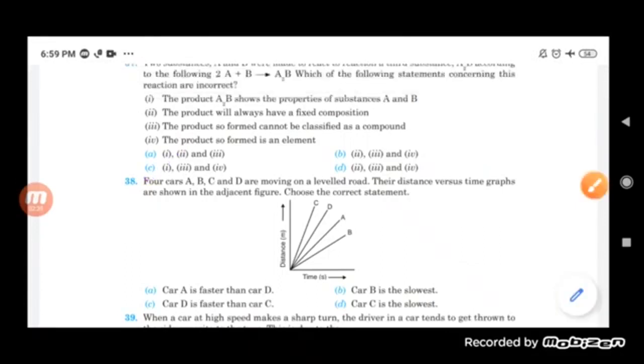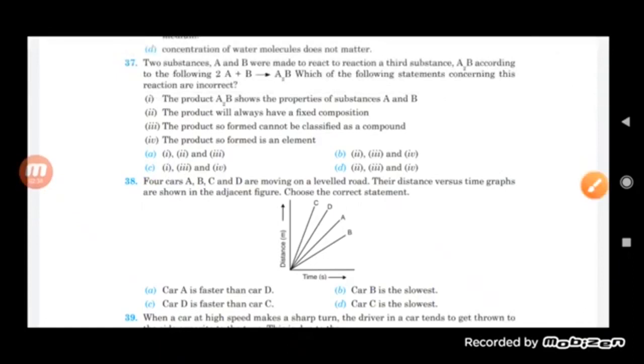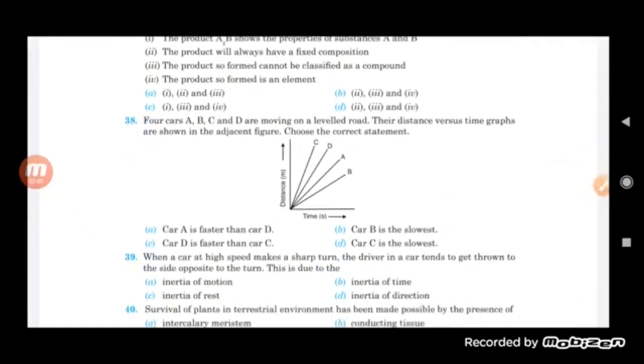Then the next one is that four cars, A, B, C and D, are moving on a leveled road. Their distance versus time graphs are shown in the adjacent figure. Choose the correct statement.